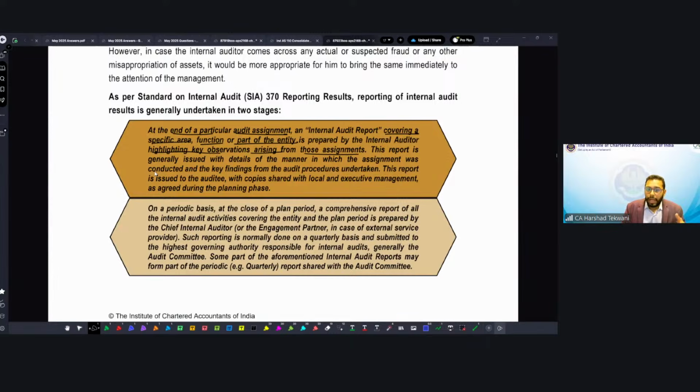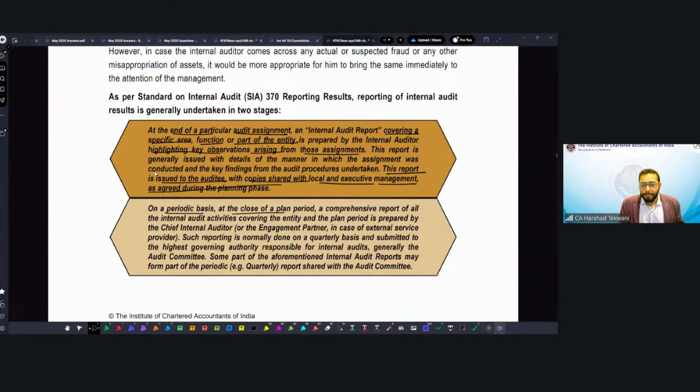You follow the key elements we have seen and issue it at the end of each assignment. The particular assignment in our case was P2P. This report is issued to the auditee with a copy shared with local and executive management as agreed during the planning phase. Now, coming to the periodic basis.